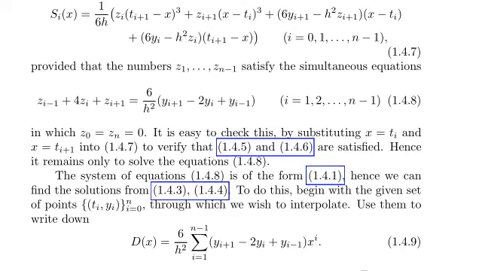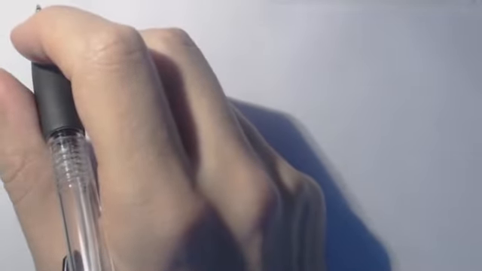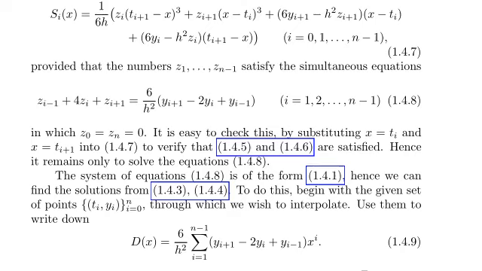We're going to have Z0 up to Zn, I think. So Z0, Z1 up to Zn. Because in the equation for Si there is both a Zi and a Zi plus 1, and the Si go from S0 up to Sn minus 1, the Zi must go from Z0 up to Zn.